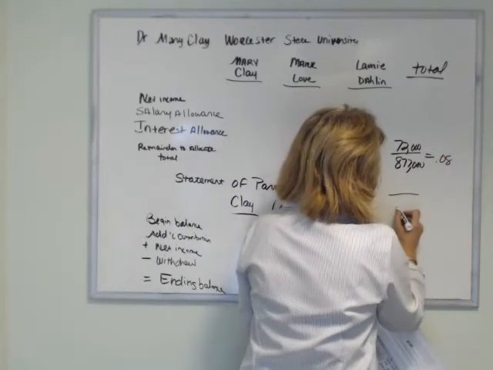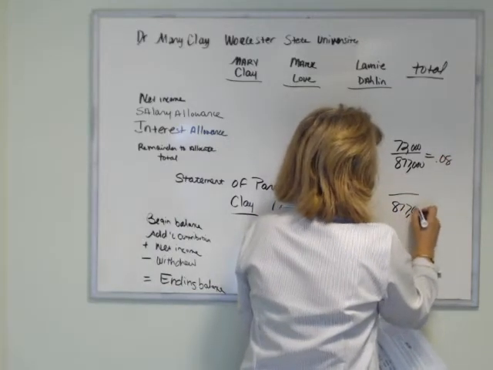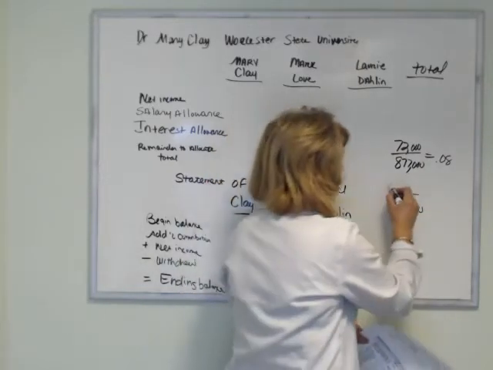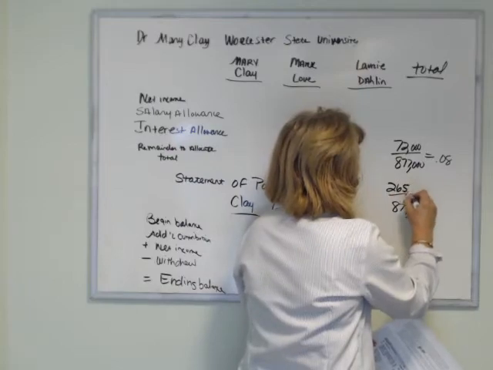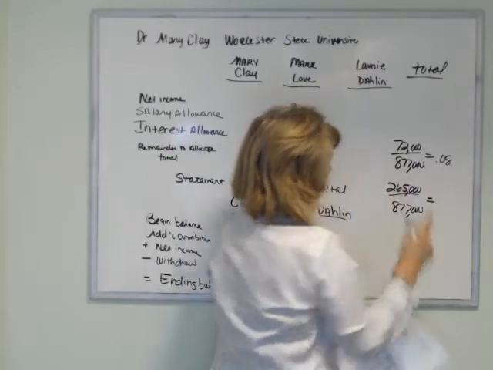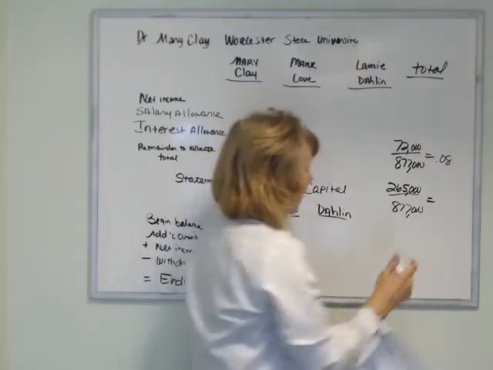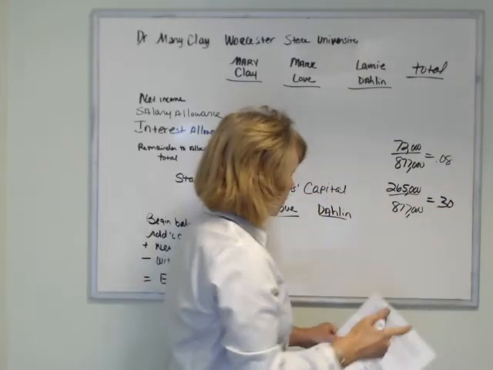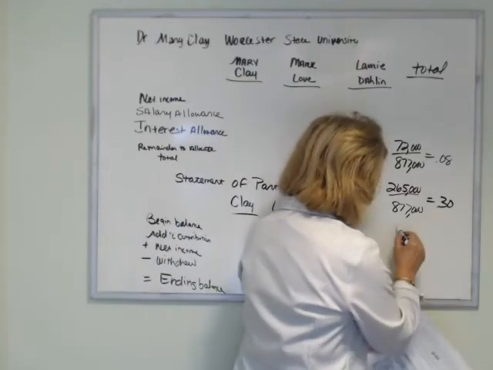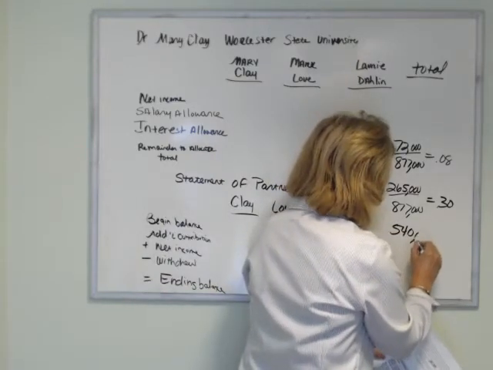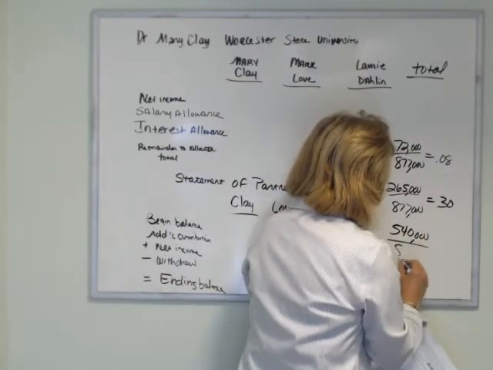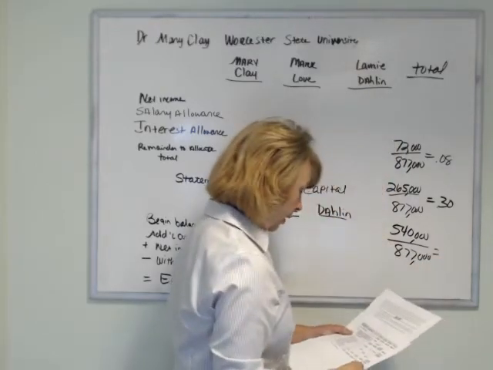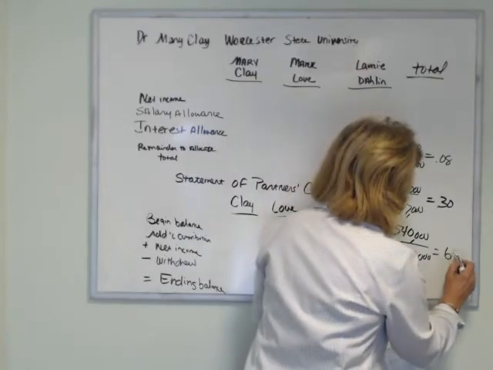Okay? We go to Love, the denominator is 877, but his capital balance is 265, so he's 0.30. All right, then we do DeLean. DeLean is 540, and then 877. So DeLean is going to get the biggest, 0.62.